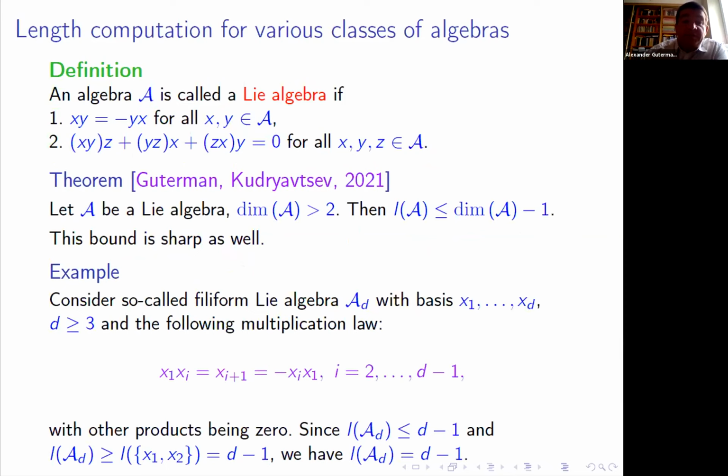Another result obtained together with Dmitry Kudryavtsev is about finite dimensional Lie algebras. It turns out that there are many algebras, in fact, whose lengths behave similarly to the lengths of associative algebras. So for a finite dimensional Lie algebra, we have this bound dimension minus 1, and this bound is sharp, as you could achieve this on the following filiform Lie algebra.